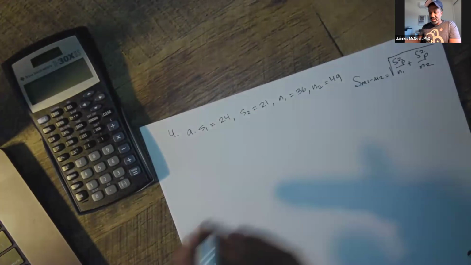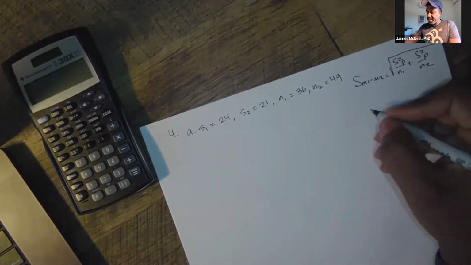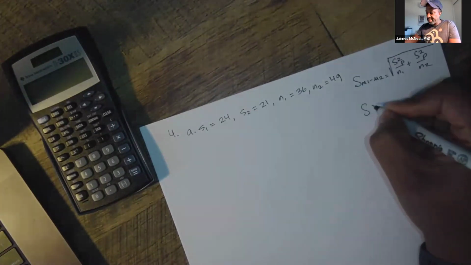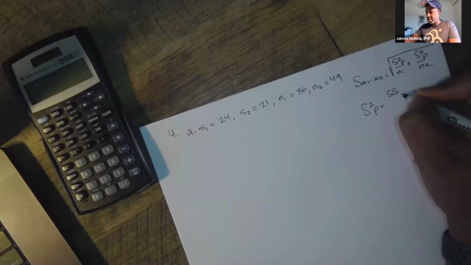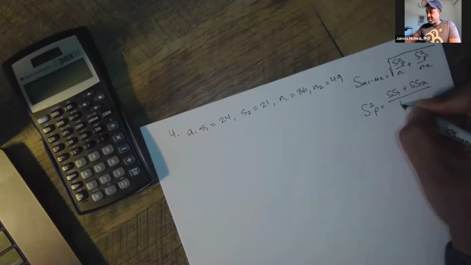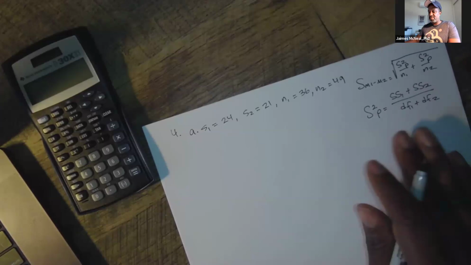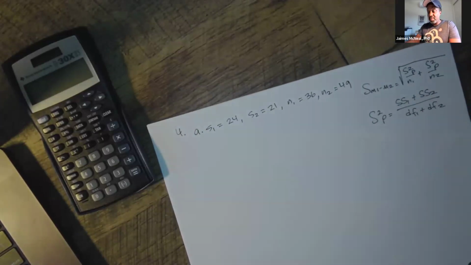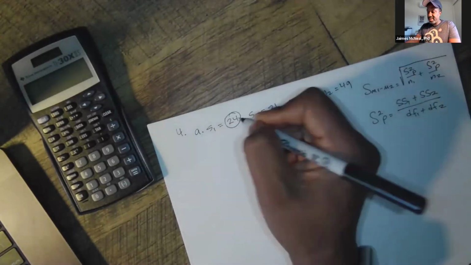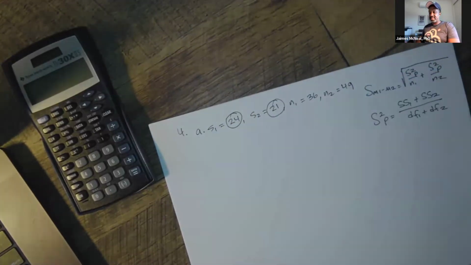We don't have sums of squares, because the formula for the pooled variance is sum of squares 1 plus sum of squares 2 divided by degrees of freedom 1 plus degrees of freedom 2. That's the formula over there.